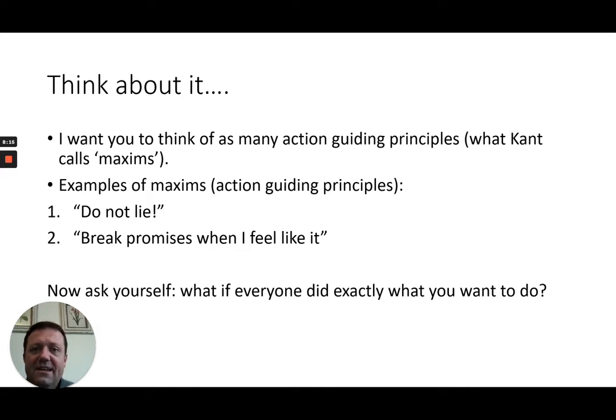The idea is that you have to run whatever maxim you've got through the categorical imperative, the basic idea being what if everyone did that, and then see what would happen, in terms of whether it would contradict will, whether it would contradict concept, and whether you would actually end up treating other people as a means to your own ends.